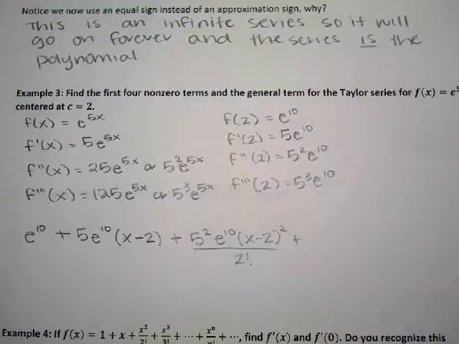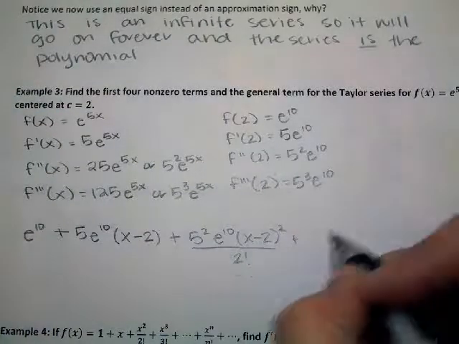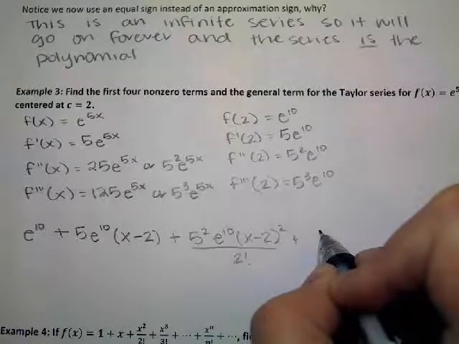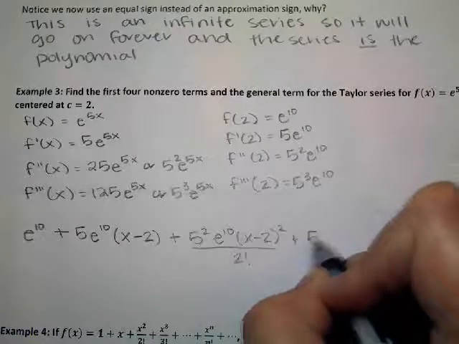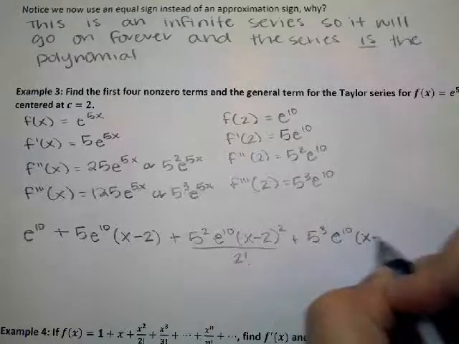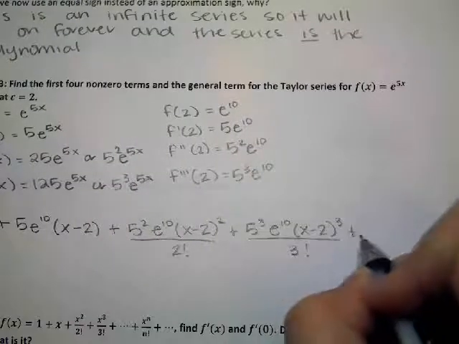Okay. And then what's the fourth term? Okay. And then we're going to say plus dot dot dot to show that there's some space.